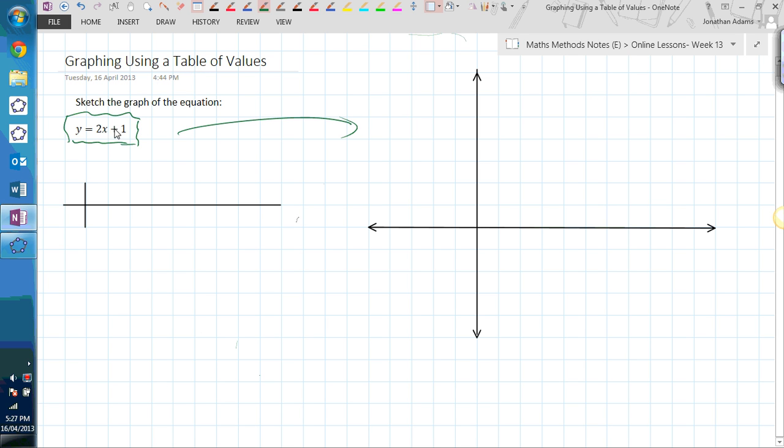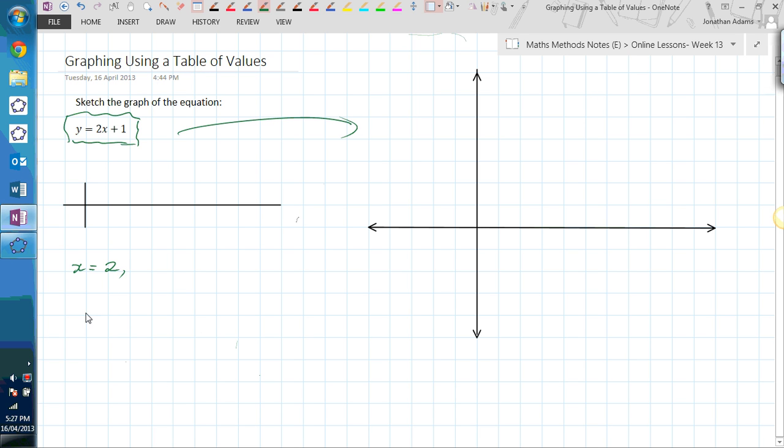This equation here is saying that there is a link between y and x. So if I pick an x value, for example, let's say x is equal to 2, that's a nice easy number, then I could determine a y value by going 2 times x, which in this case we've chosen 2, and then adding 1.